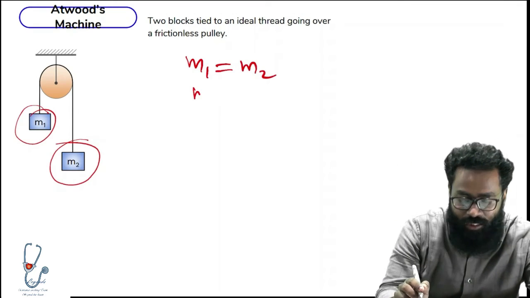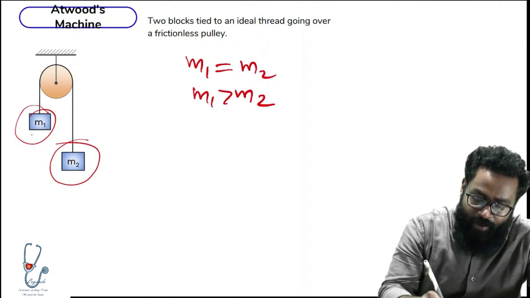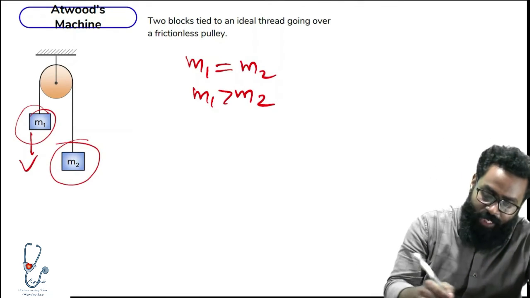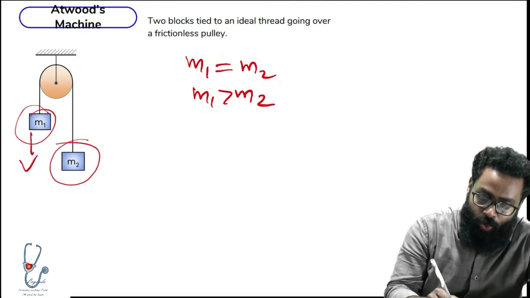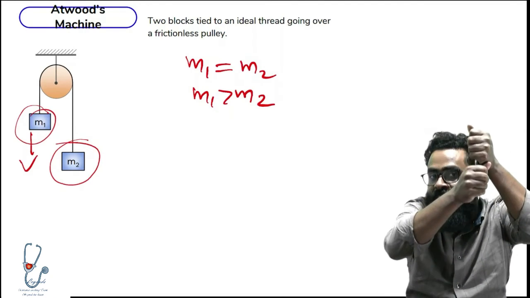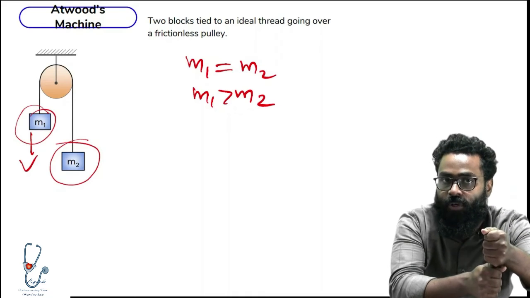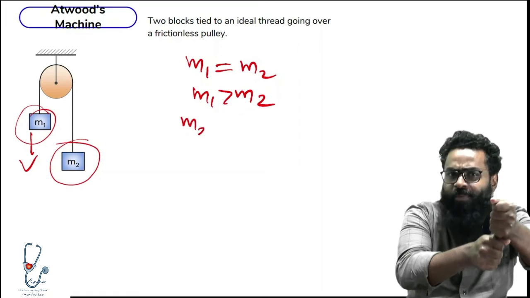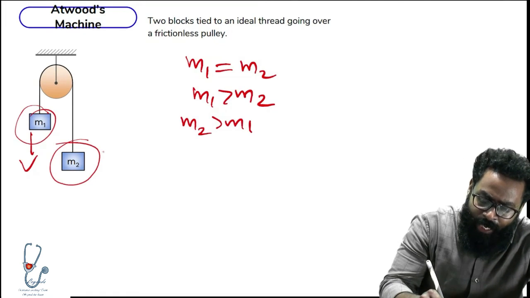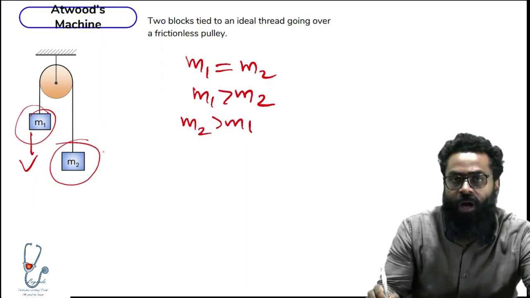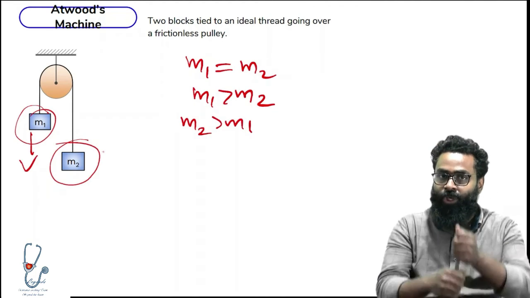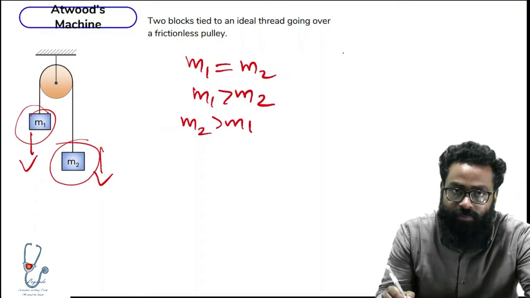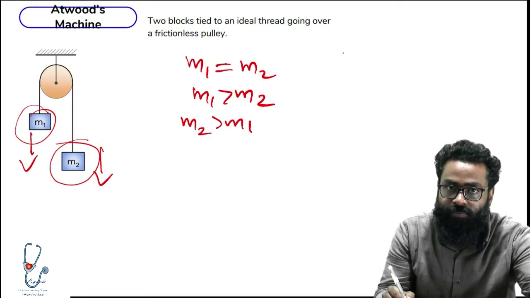Another case is m1 greater than m2. What will happen? There will be a force acting on m1, and m1 comes downwards because its weight is bigger. Then if m2 is greater than m1, m2 has more weight and gives a downward force, so m2 comes downward.